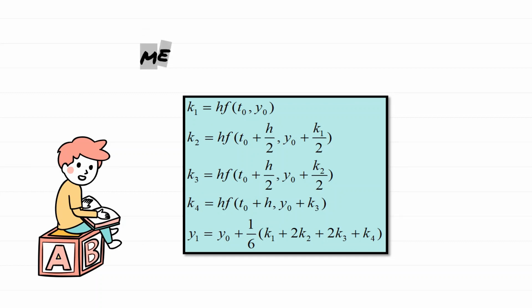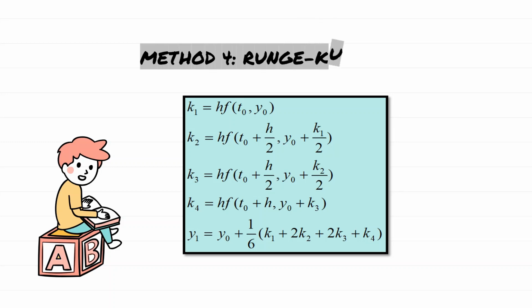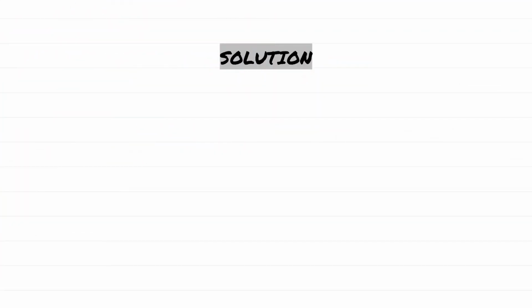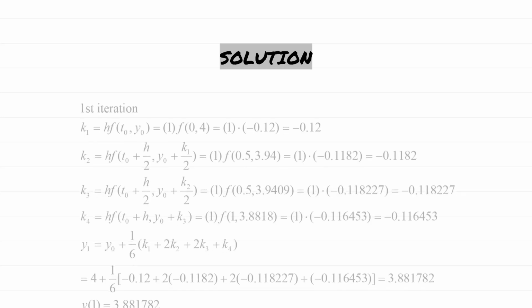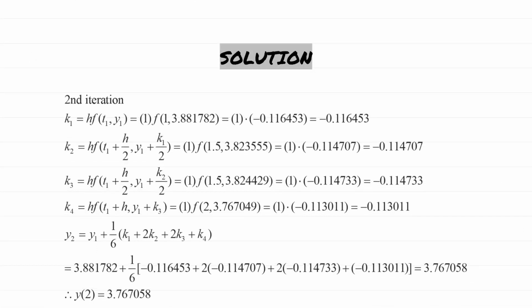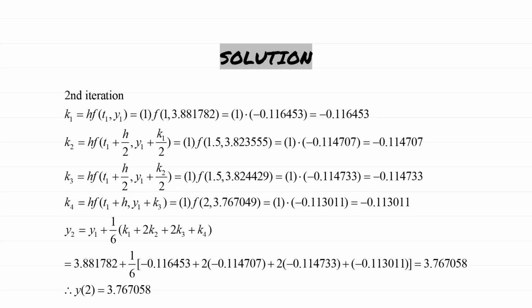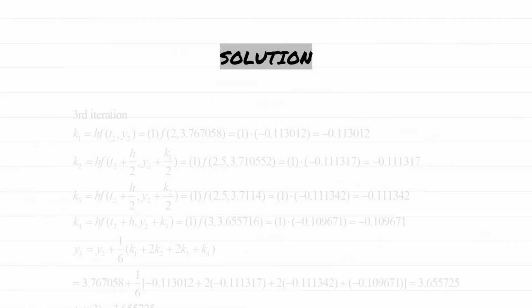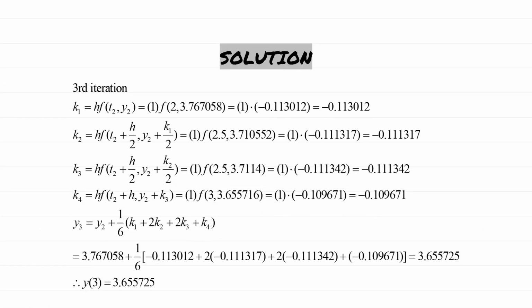And the fourth method we use is Runge-Kutta order 4. This is the general formula of Runge-Kutta order 4. By the formula, we can solve the problem. The first iteration we get 3.881782, then 3.767058, then 3.655725.